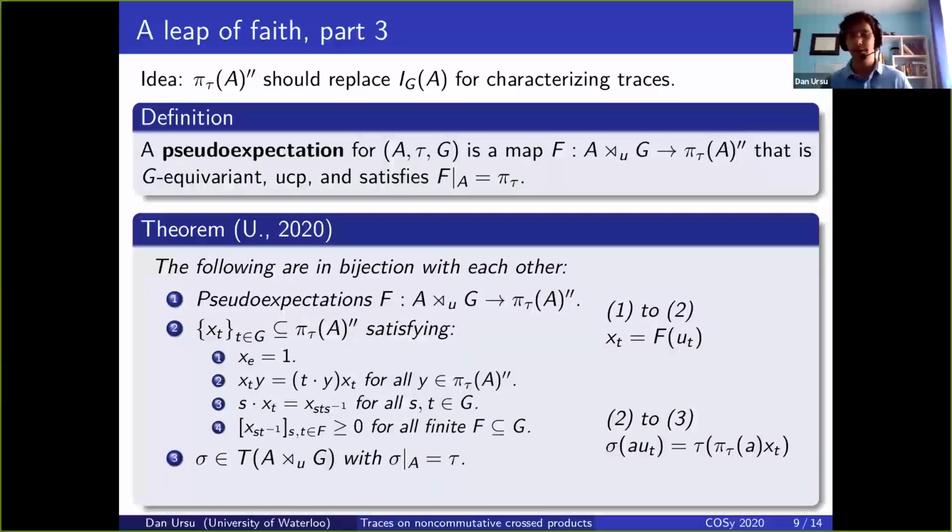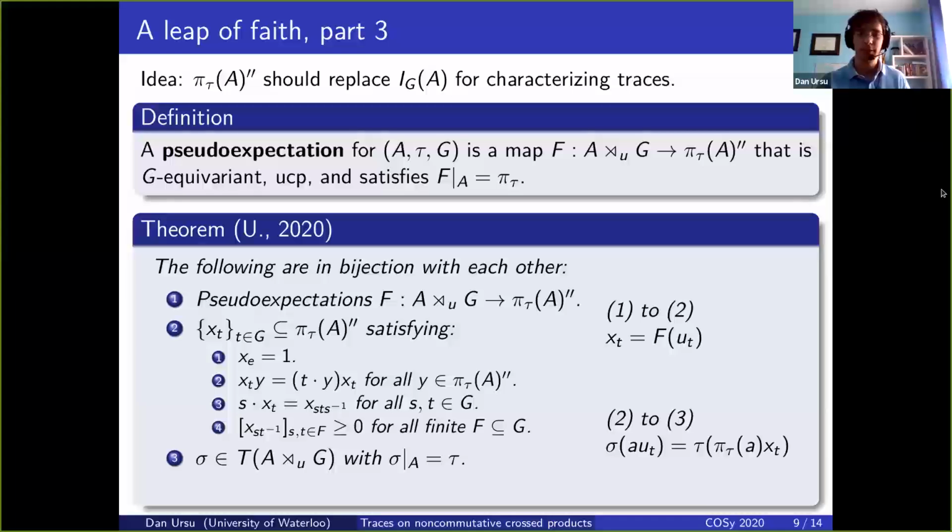Evaluated at the element a ut, it's the trace evaluated at a, viewing A in the double commutant, times xt. And really, I'm lying a little bit here when I say tau, because I should really be saying the extension of tau to the GNS von Neumann algebra.